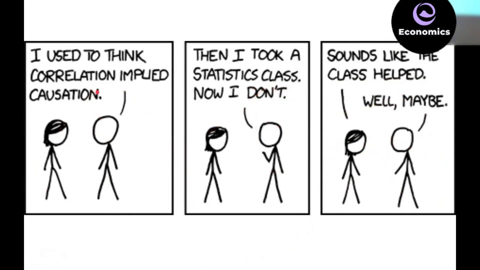Right. So here again, there's a likely causal relationship: taking a class caused the guy to change his belief. But again, by itself, it does not rule out entirely all other possibilities. Right.